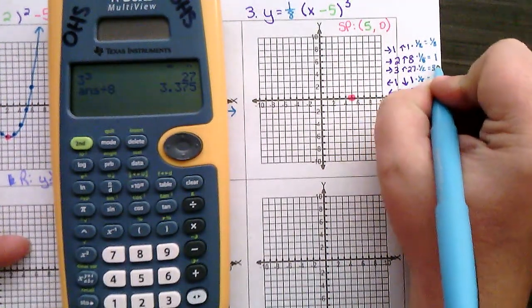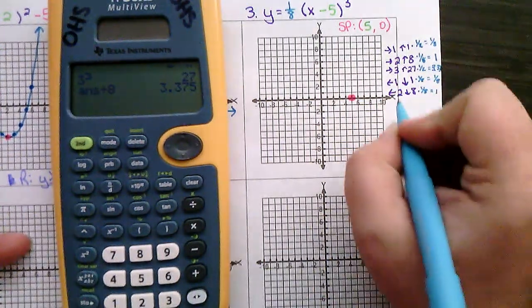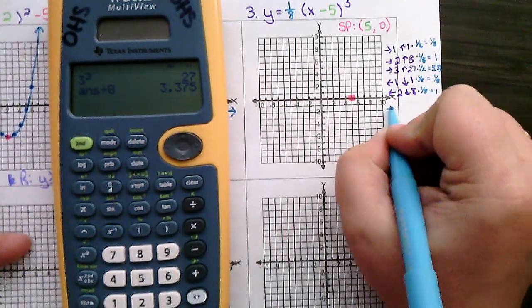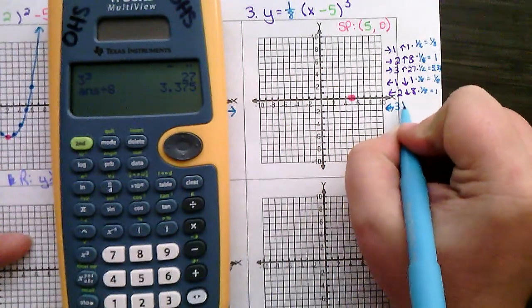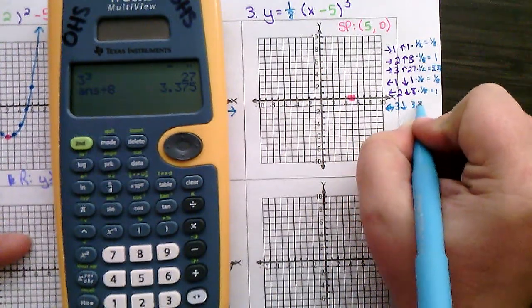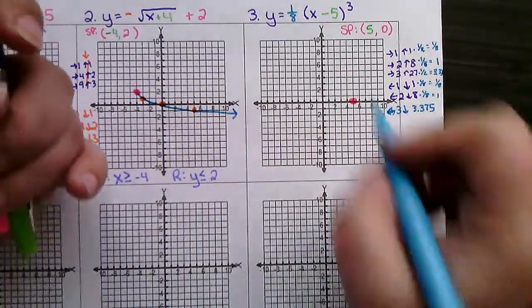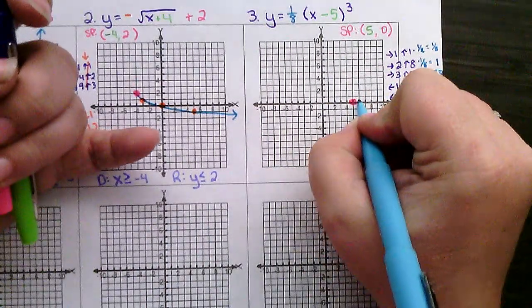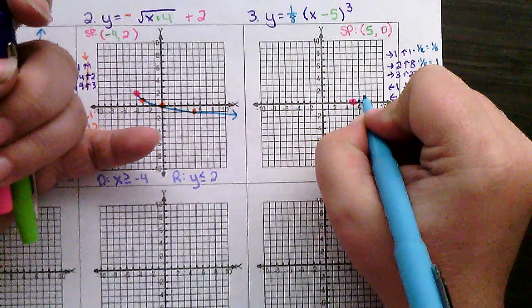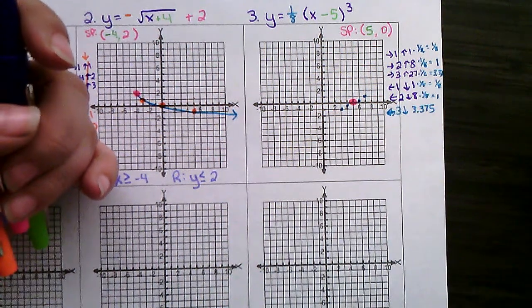3.375. So left 3, down 3.375. Okay, just to give it a little more shape, because to me, what I got from my original points is not a lot to go on.